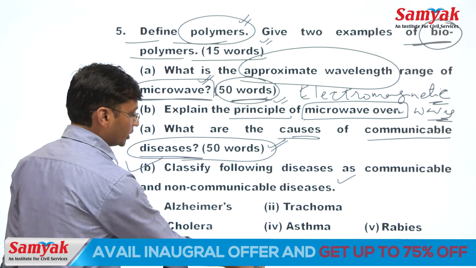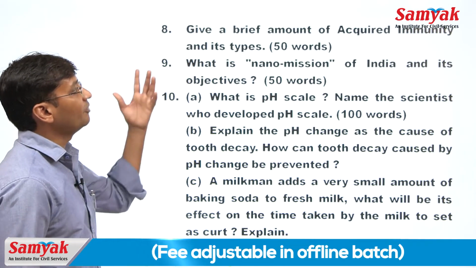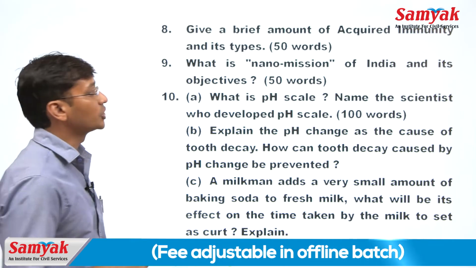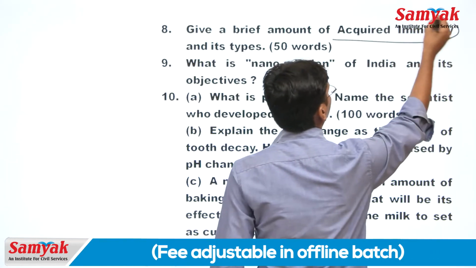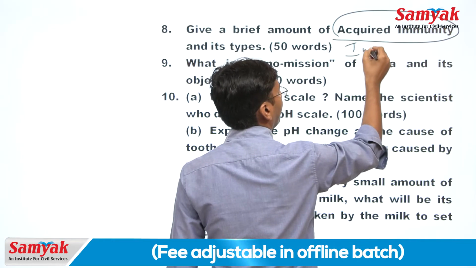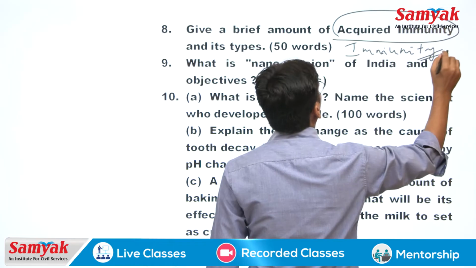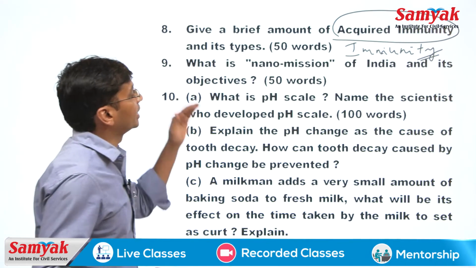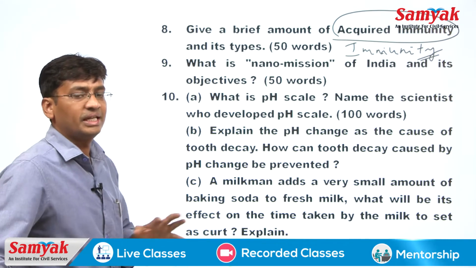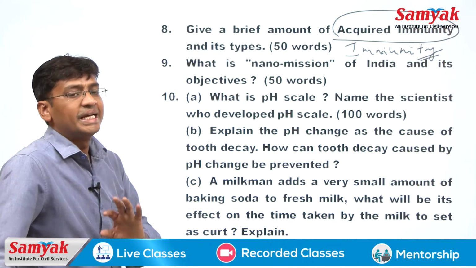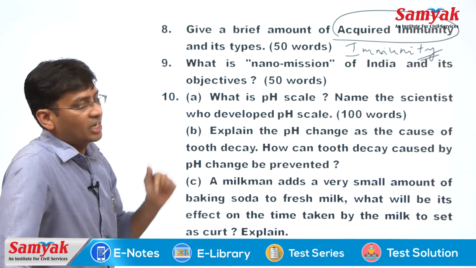Okay. So, the next question is, give a brief account of acquired immunity. So, this question is from immunity topic, okay, and that is biology part, immunity, and they are asking to give a brief account of acquired immunity. Basically, there are 2 types of immunities, that is natural immunity and the acquired immunity.